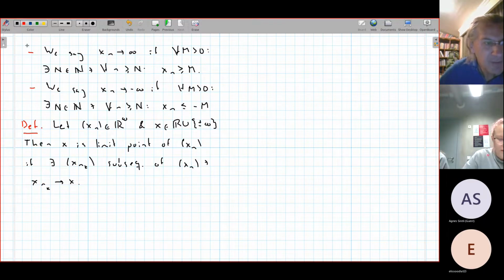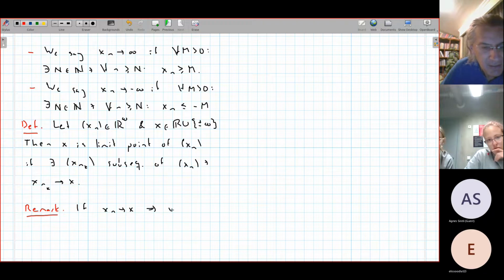And you can remember also some of the properties. One of the properties is the following one: if some sequence converges to x, then x is the only limit point of the sequence.